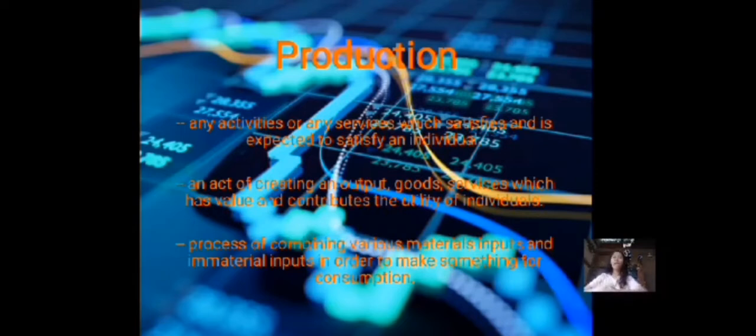It is an act of creating output goods and services, which have value and contribute to the utility of individuals. It is the process of combining various material inputs and immaterial inputs in order to make something for consumption. In other words, production is the making of something designed or customized to satisfy the wants of an individual, or our wants.